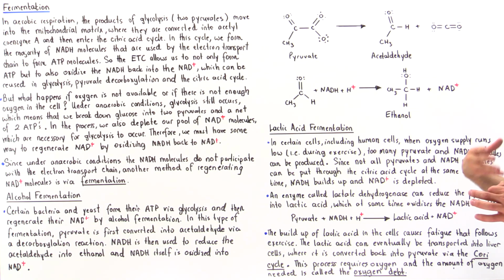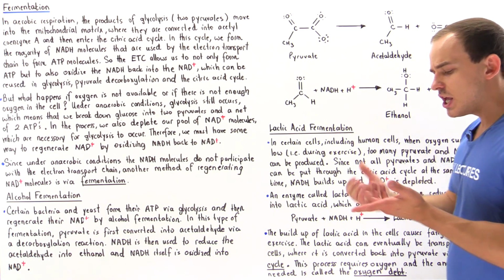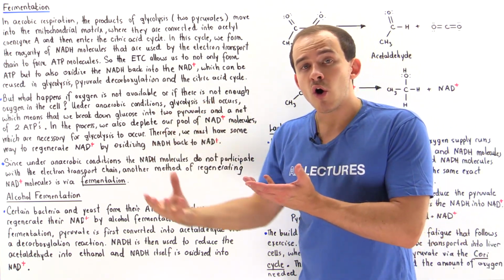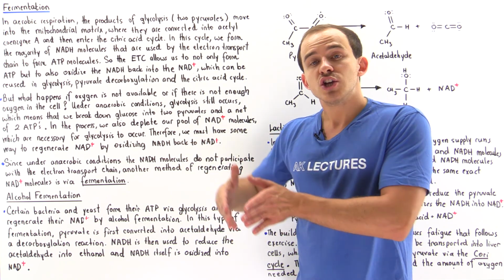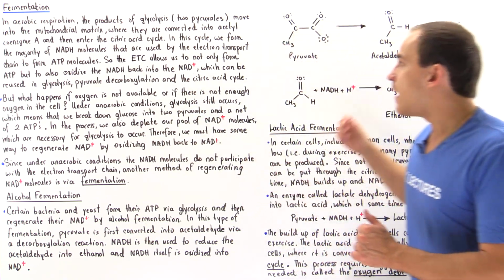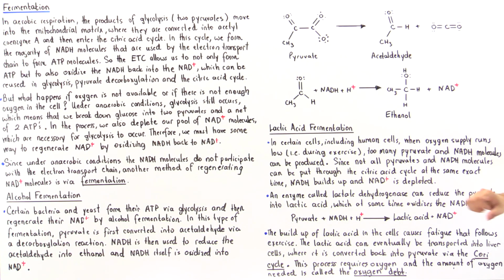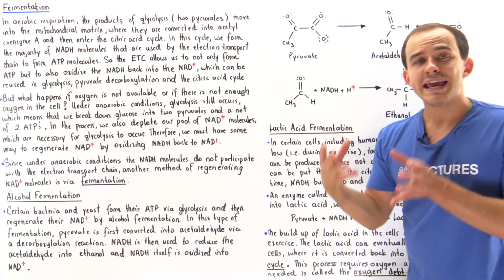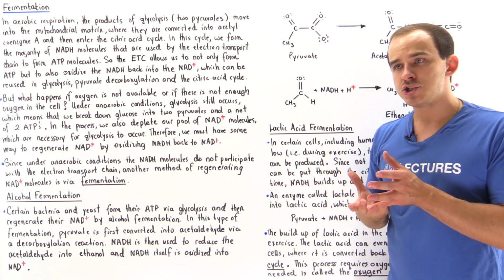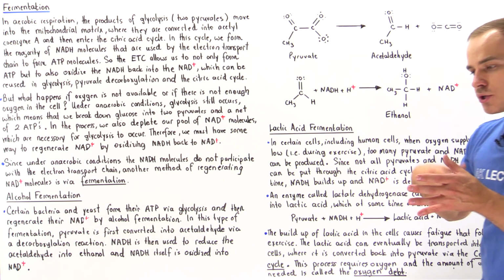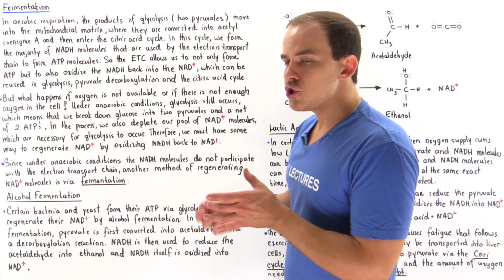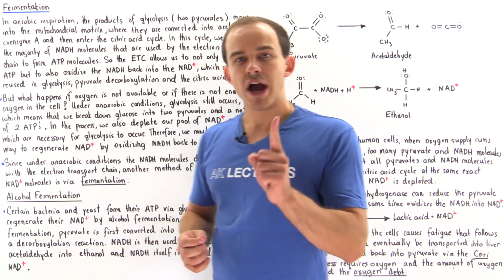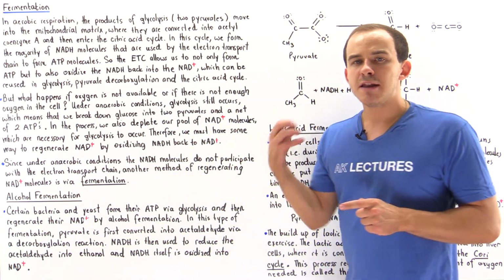Now, whenever somebody says fermentation, that basically incorporates glycolysis. So glycolysis followed by this process or this process together is known as fermentation. So fermentation produces a net of 2 ATP molecules when we take one glucose and break it down.